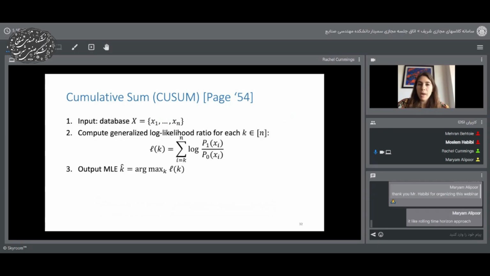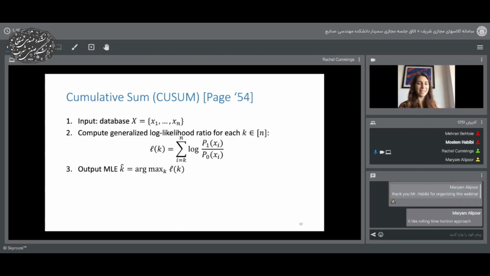Okay, and so this problem has been solved in the non-private case since the 50s. And there's an algorithm. It's known as the cumulative sum, also known as the CUSUM algorithm. And it takes in data and it computes a generalized log likelihood ratio for every possible point K. And so we're basically asking, is K a change point?